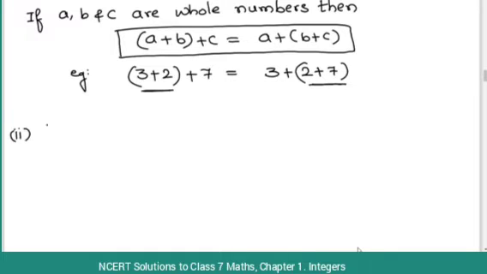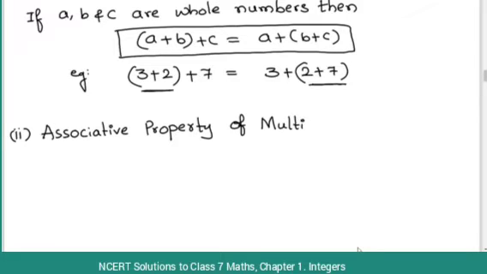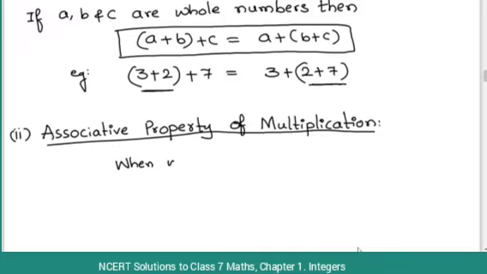Both are 12. Next, second is the associative property of multiplication. In the associative property of multiplication, when we multiply more than two integers, if the grouping is changed, the product remains the same.